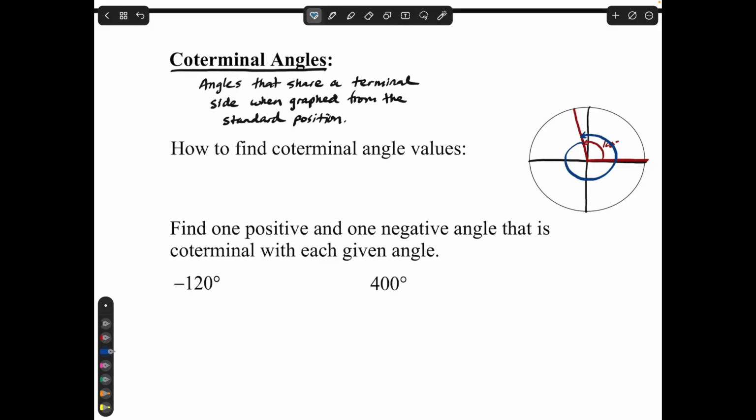Well, if I started at 100 degrees and I just add 360 degrees, that would put me at 460 degrees. So I could say here that 100 degrees and 460 degrees are coterminal angles.